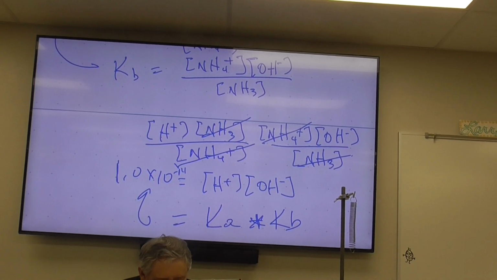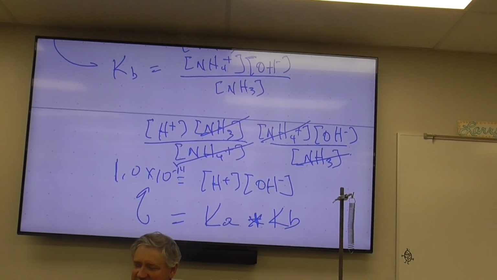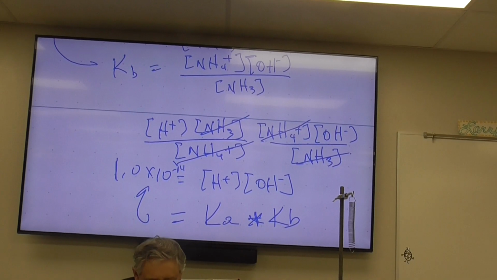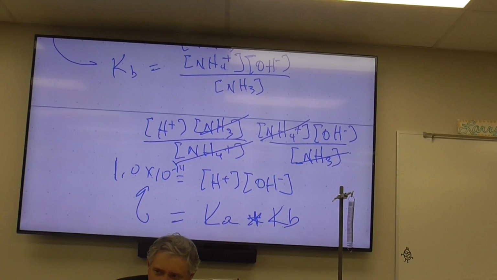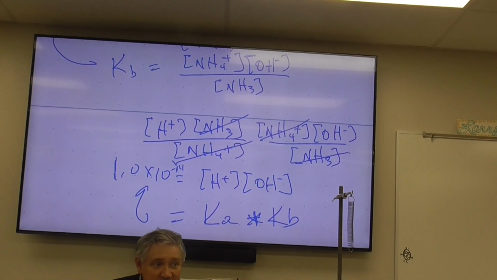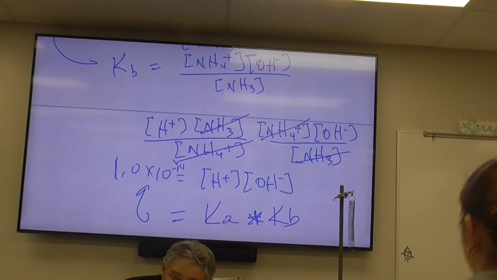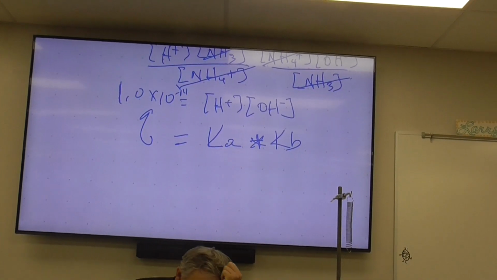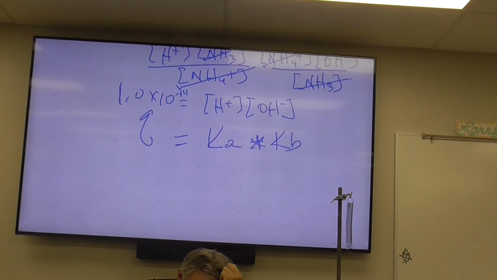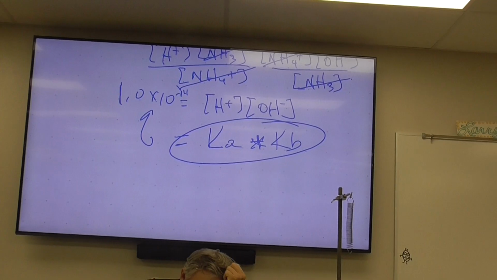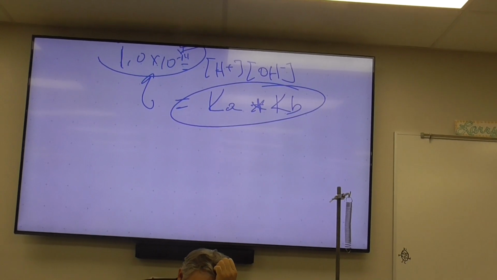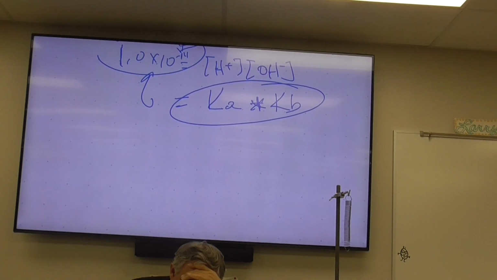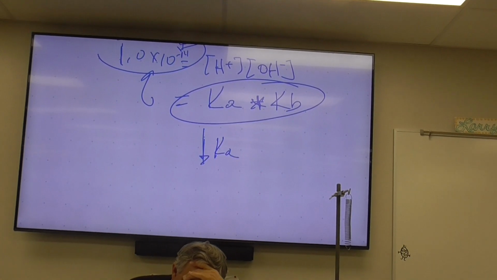Okay. All right. So here's the significance of this. Since these two numbers, Ka times Kb, always equal the same number, right? Since these two numbers multiplied together always equal 1 times 10 to the negative 14, let's say, for example, you have a smaller Ka value.